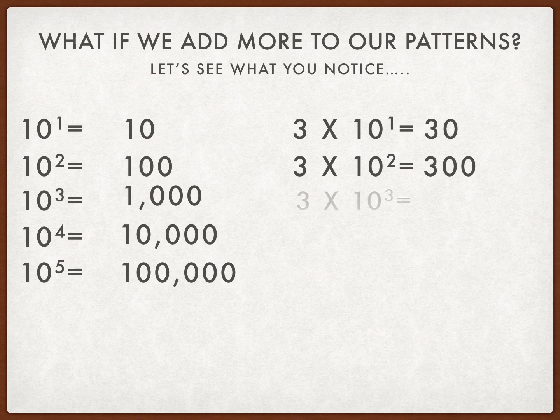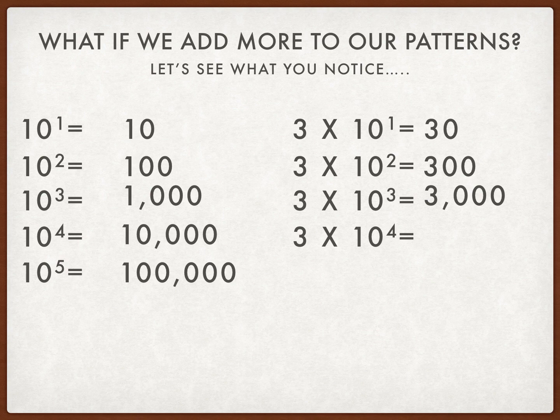The next question wants us to do 3 times 10 to the third power. And if we look in our previous example, we already found out that 10 to the third power is just 1,000. So 3 times 1,000 is 3,000. In the next one, we have 10 to the fourth power. We already found out that 10 to the fourth power is 10,000.